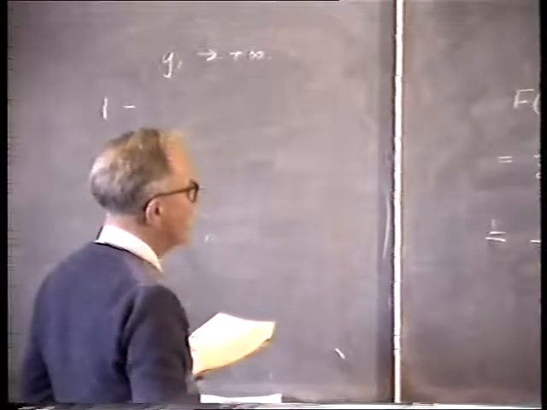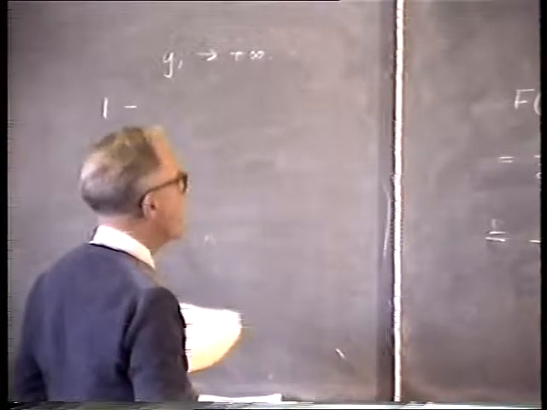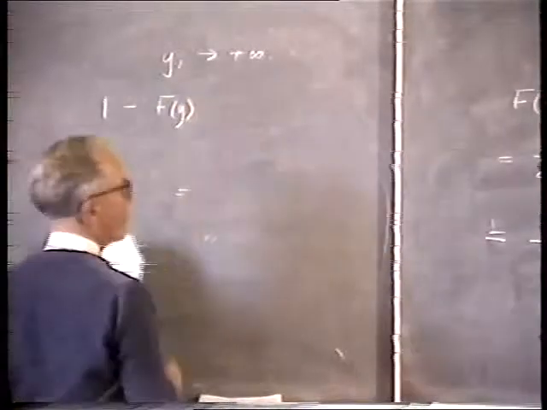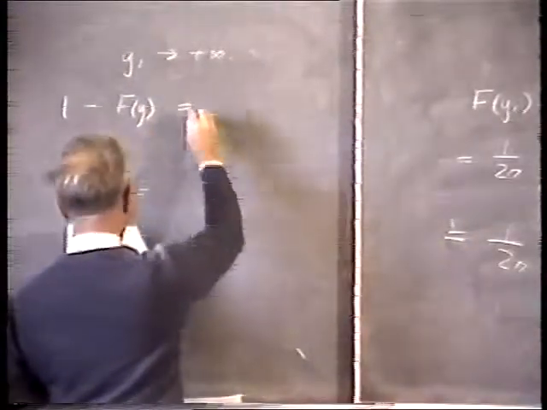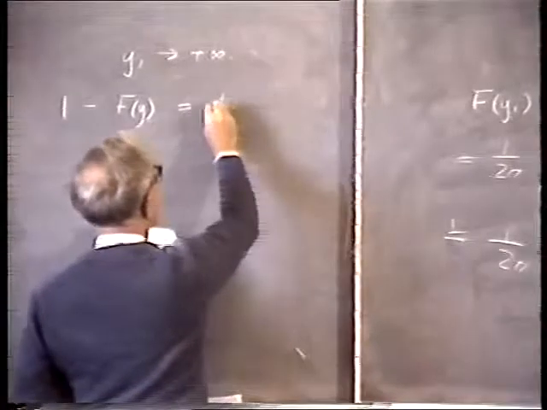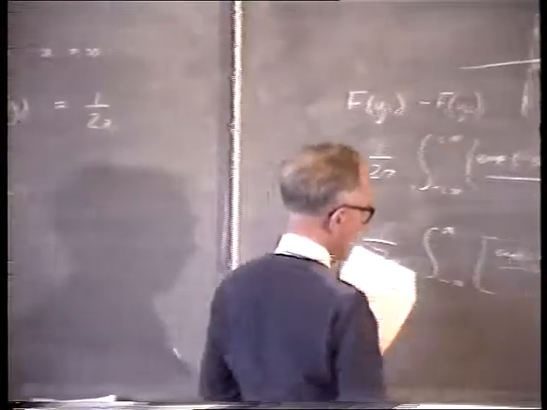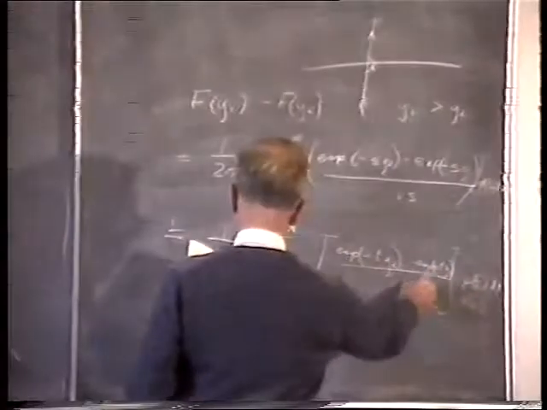And it's simple at the same time to replace y2 simply with y, so that our right-hand side becomes 1 minus F(y), and of course the second term here is unchanged.